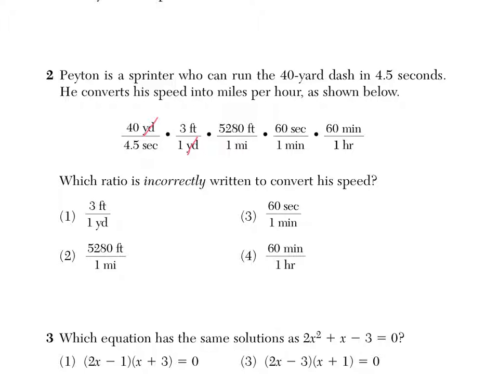In order to get my feet to cancel, this 5,280 feet needed to be in the denominator. So here is my issue, making answer choice 2 the answer because it is written incorrectly. It should have been flipped. 1 mile over 5,280 feet would have been the correct ratio.